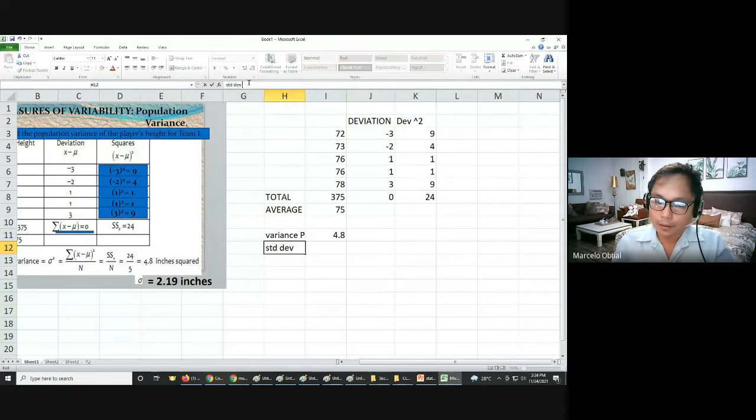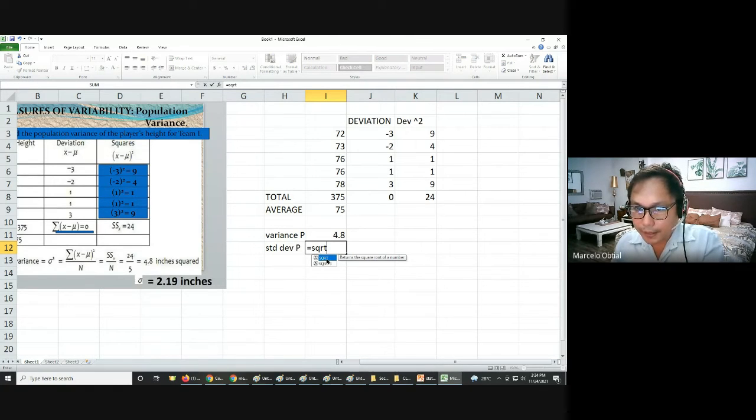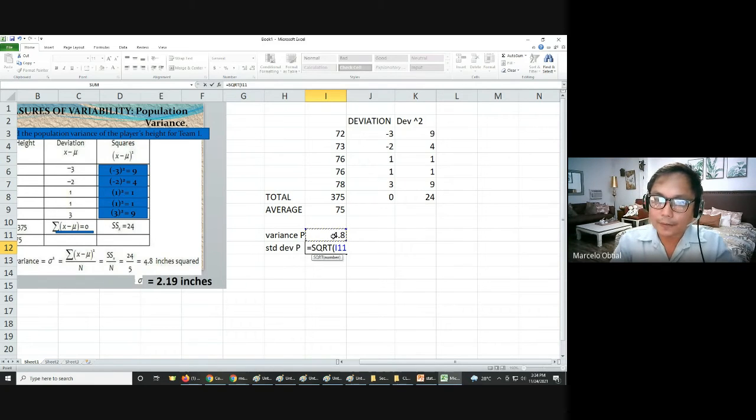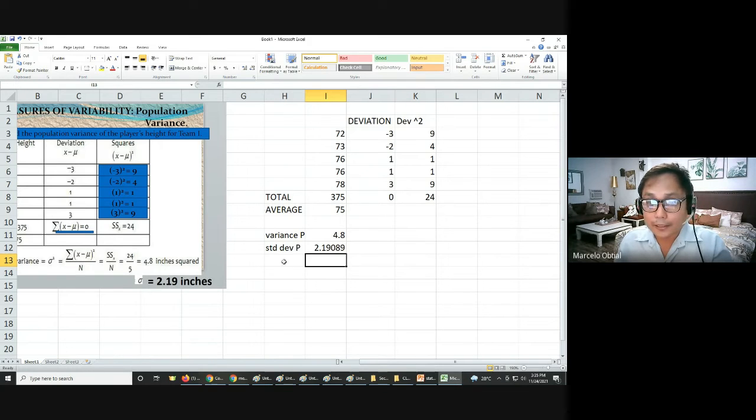Here, you need to get the square root, no? Square root. By pressing equal sign, hanapin niyo yung command sa Excel na SQRT, then click that command, then go to that value ng variance, then press enter. So as you can see, the answer is 2.19, the same.